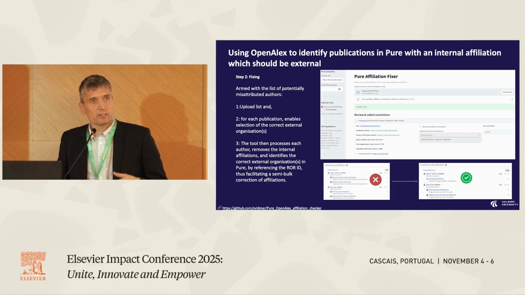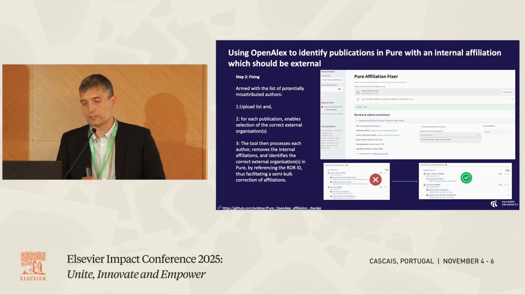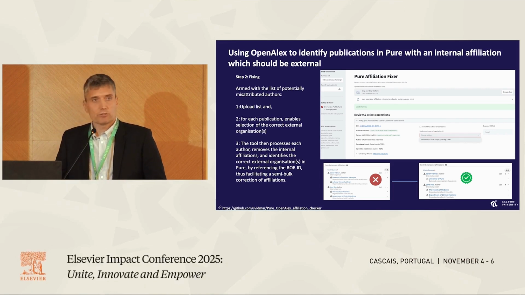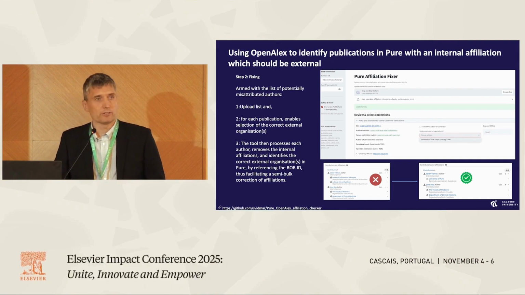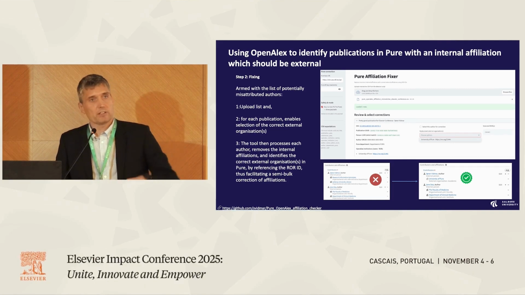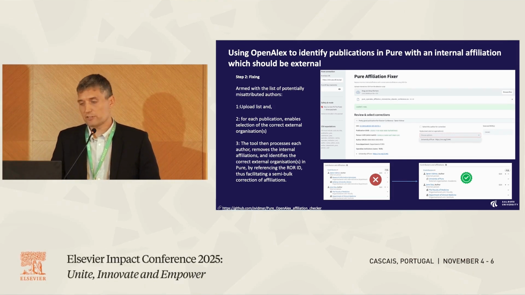Identifying them is nice, fixing it is even nicer, and this tool tries to help you with that. It's a Streamlit tool which allows you to upload the lists that you generated using the last script, and then for each publication it allows you to select the correct external affiliation and remove the incorrect internal ones.